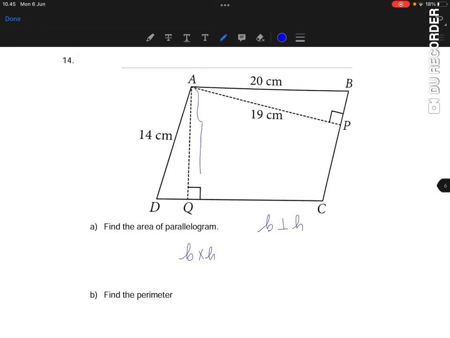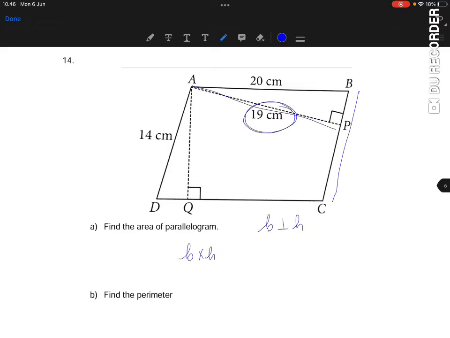There is no number here, so we cannot use this. We have to identify the other one, which is AP and BC. AP is already given by the question as 19, but there is no BC.